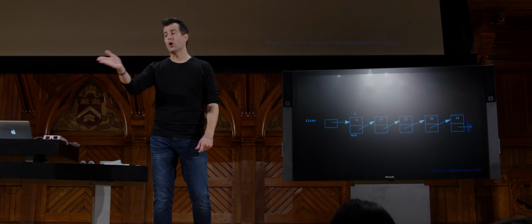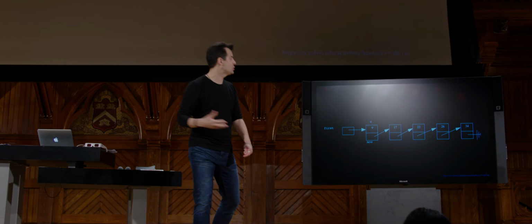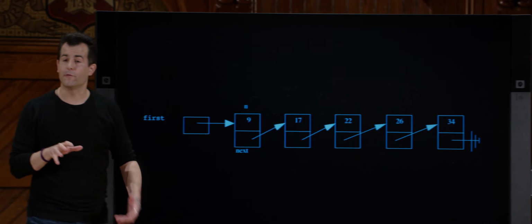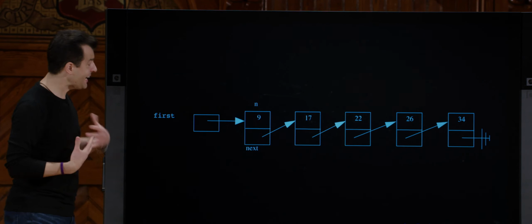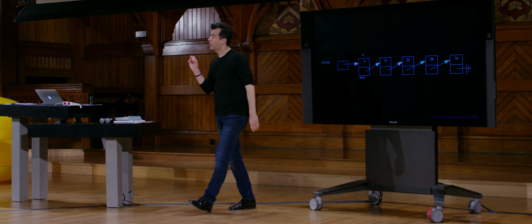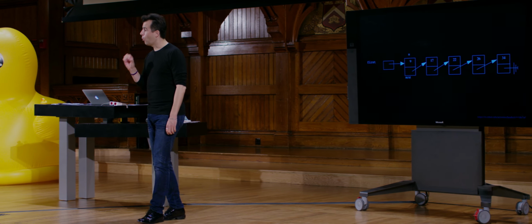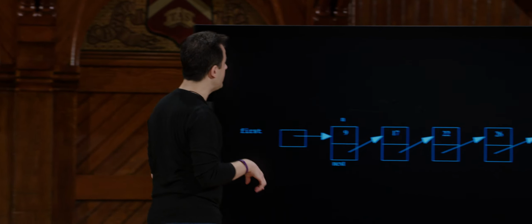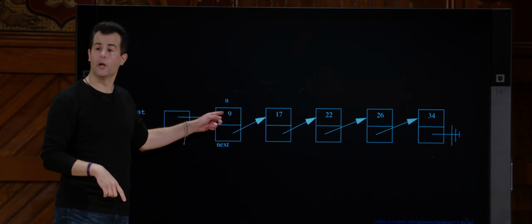So we've not really solved the problem you identified, which is the space use. But if you're tolerant of that, and if you've got enough memory at your disposal and can afford to spend it, why don't we store for every number not just the number, but also space for a pointer? So each of the boxes I've drawn here now doesn't just have a box for the number itself, n.